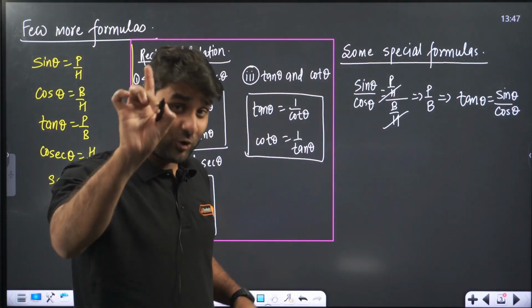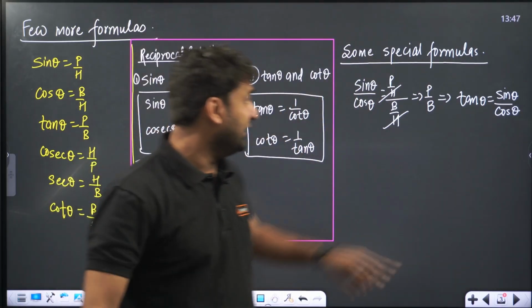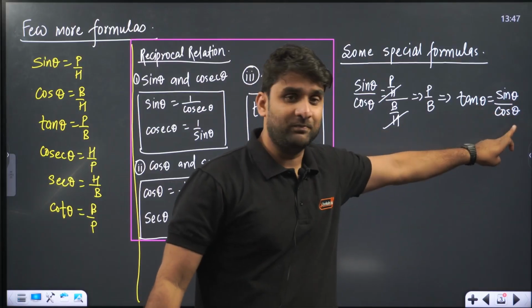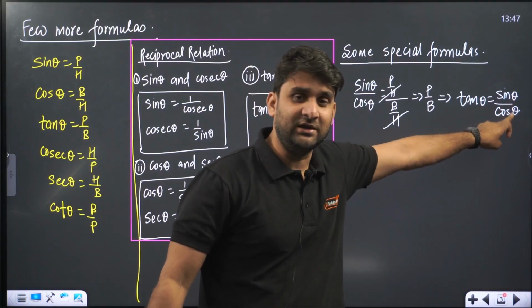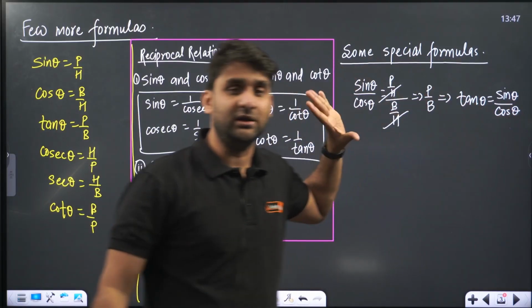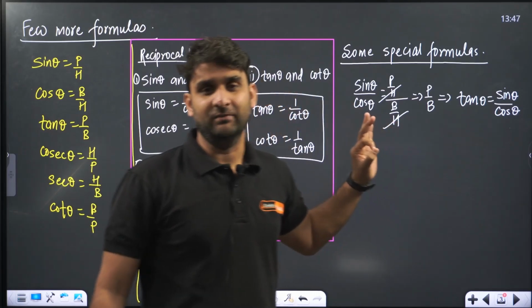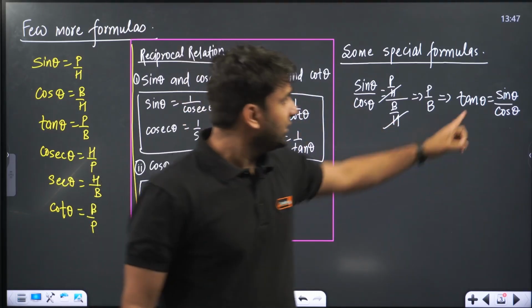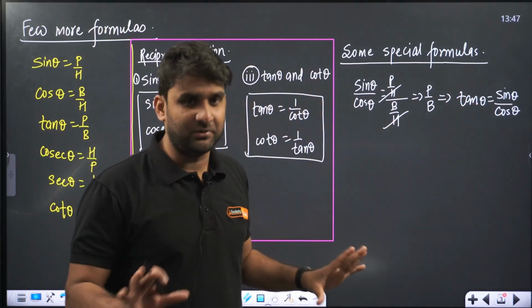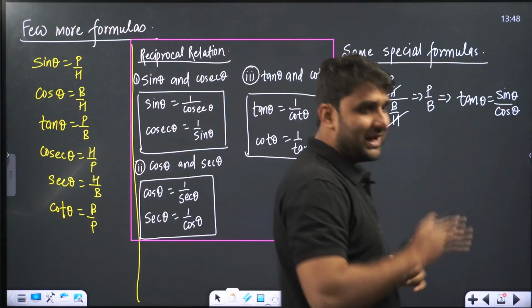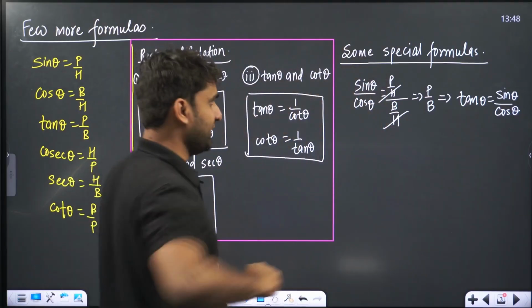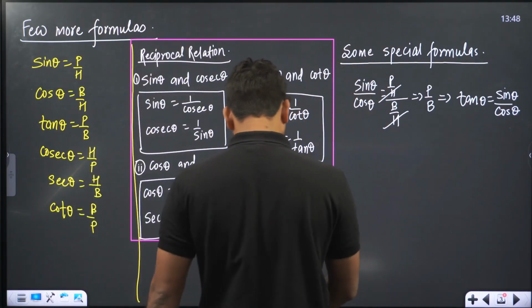But the only condition here should be valid, angle should be same. If you are writing sine 30, it should be cos 30, it should be tan 30. Angle should be same. Theta must be equal. Then you can write this formula. Otherwise, this formula is not valid. Okay. I hope this is clear to you all. Okay. Now, so let me box this.